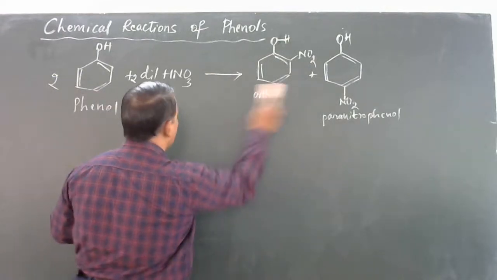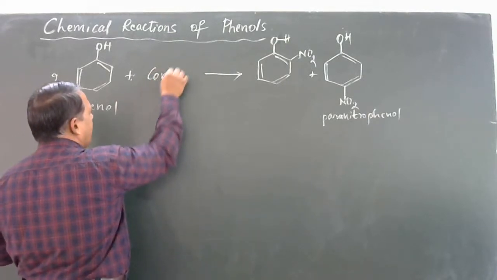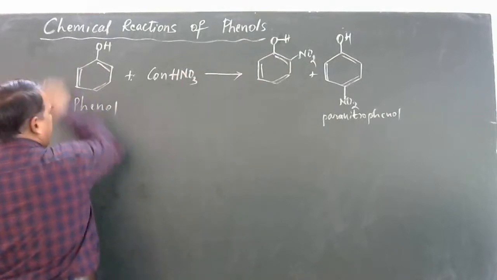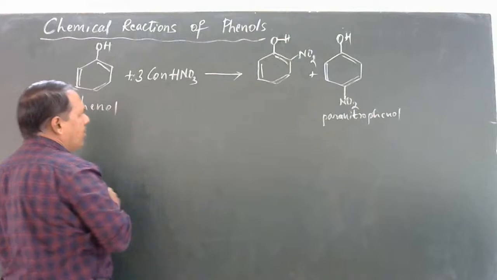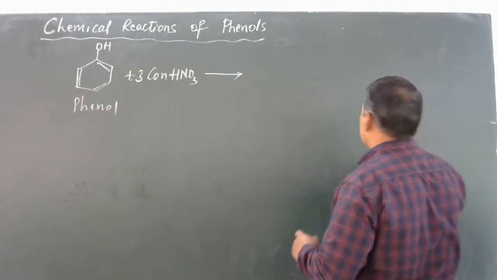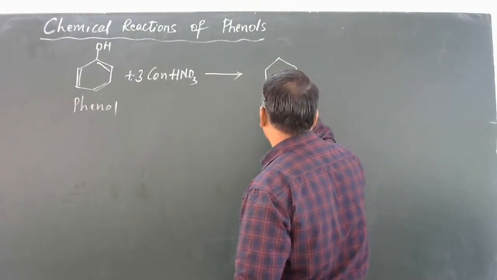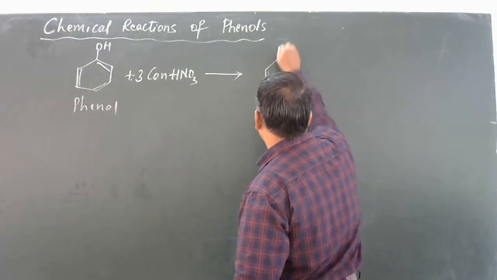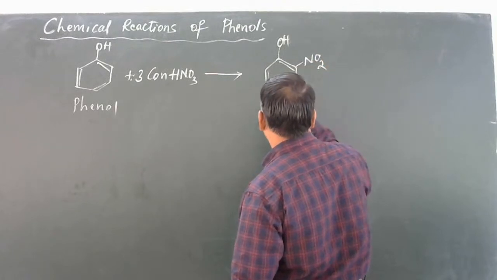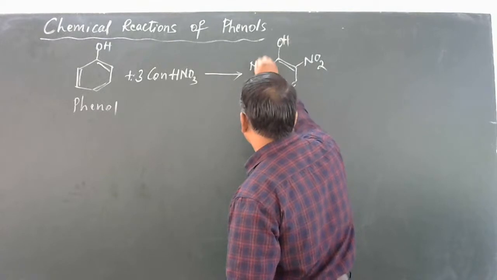That is nothing but with concentrated HNO3. Phenol reacts with 3 molecules of concentrated HNO3. So we will get phenol with OH, and one nitro group is introduced here, another nitro group here, and another nitro group here.